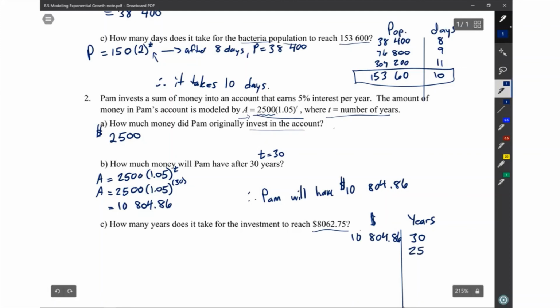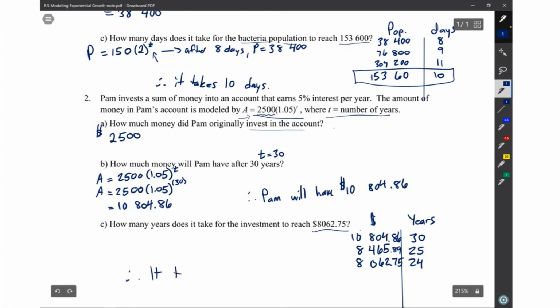After 25 years into my calculator, I get $8,465.89. So I'm still a little bit too high, not a lot too high. I'll try taking one more off, and that's the golden ticket right there. So if t equals 24, then it's $8,062.75.